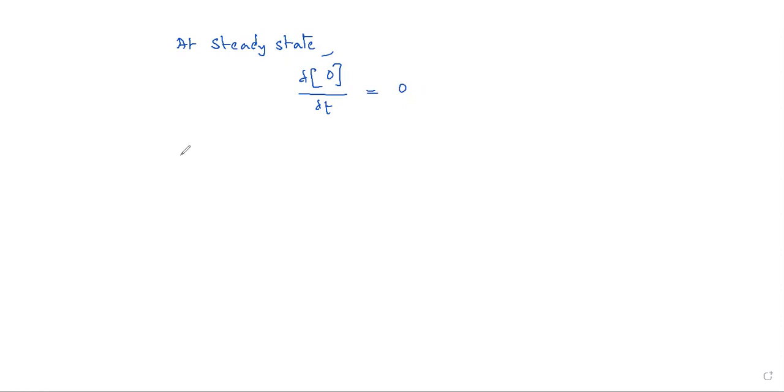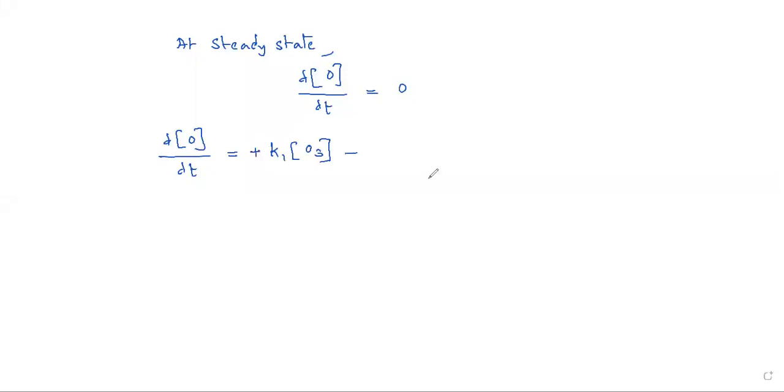Gave it just now. Now, this d concentration of O by dt, of course, can be given as, again going back to the mechanism. See, it is formed in the first step as per the mechanism and is reacting in the second and third steps. Okay. So that can be given as formed in the first step from ozone. So plus K1 into O3.